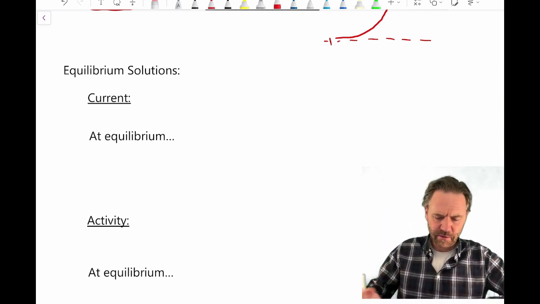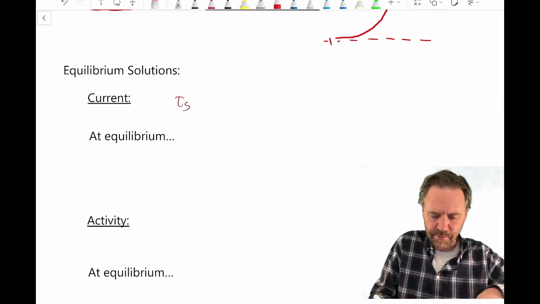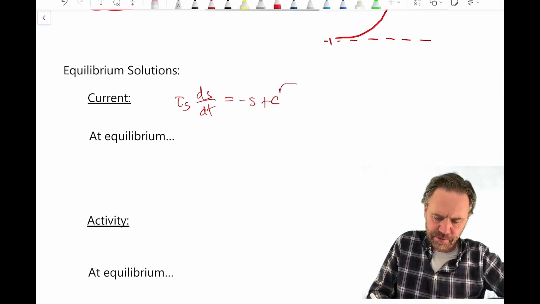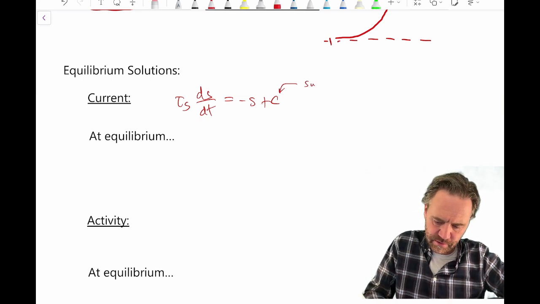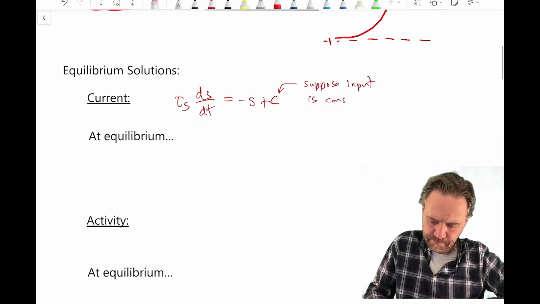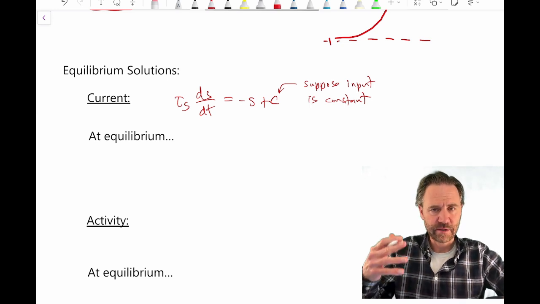So if we look at the input current equation, synaptic time constant times ds by dt equals -s plus c, we suppose that the input is constant.